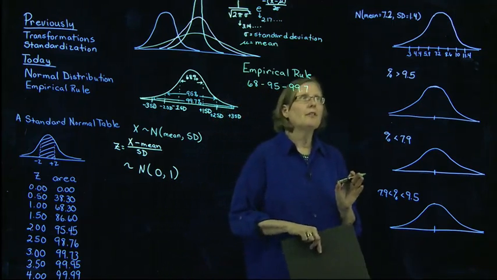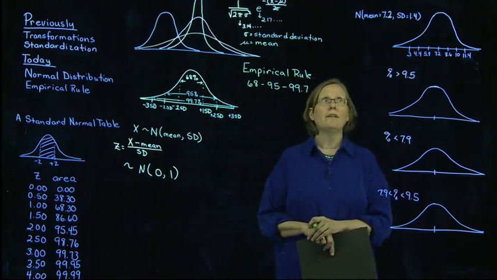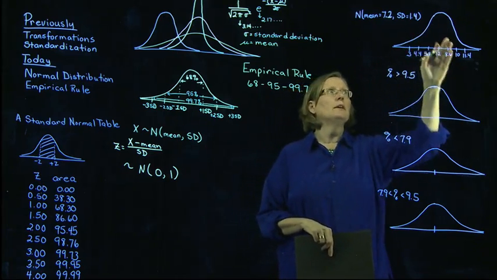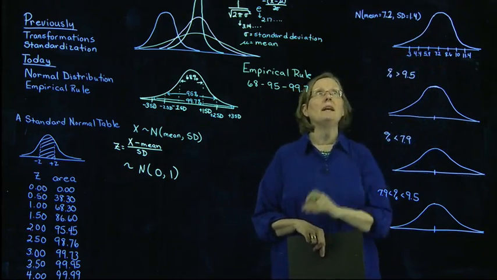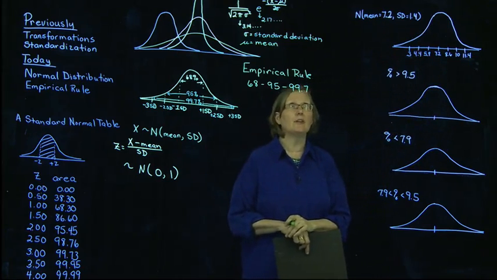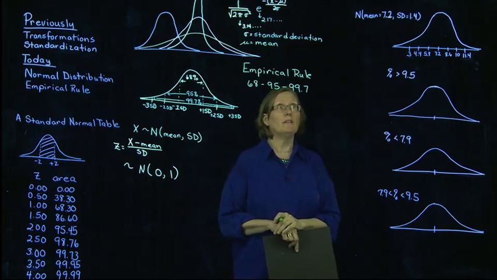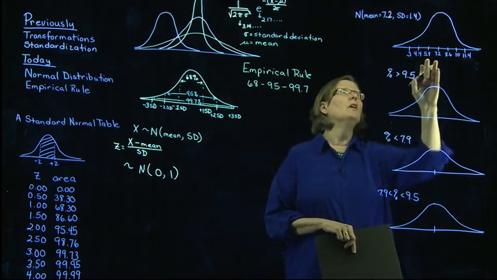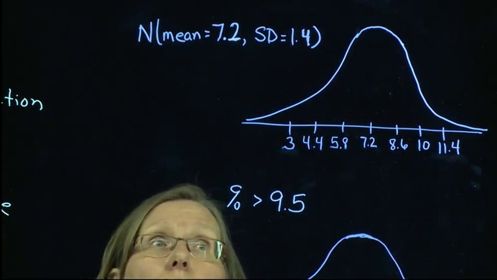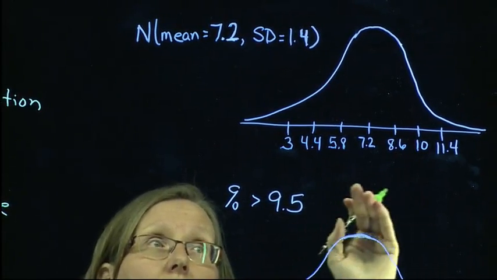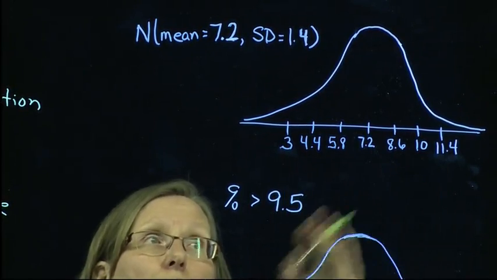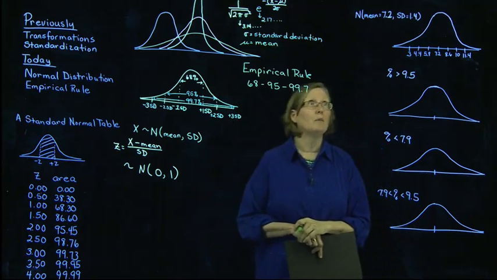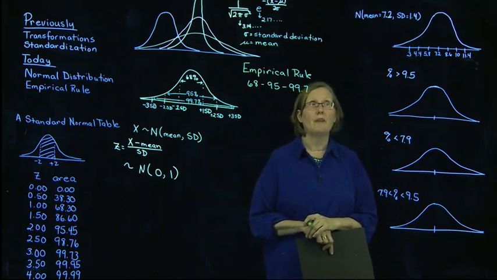In 2003, the birth weight of babies born in North Carolina was approximately normally distributed with a mean of 7.2 and a standard deviation of 1.4. So I've drawn a normal curve here centered at 7.2 with 68% of the area between plus and minus 1 standard deviation, about 95% within plus and minus 2, and about 99.7 within plus or minus 3.